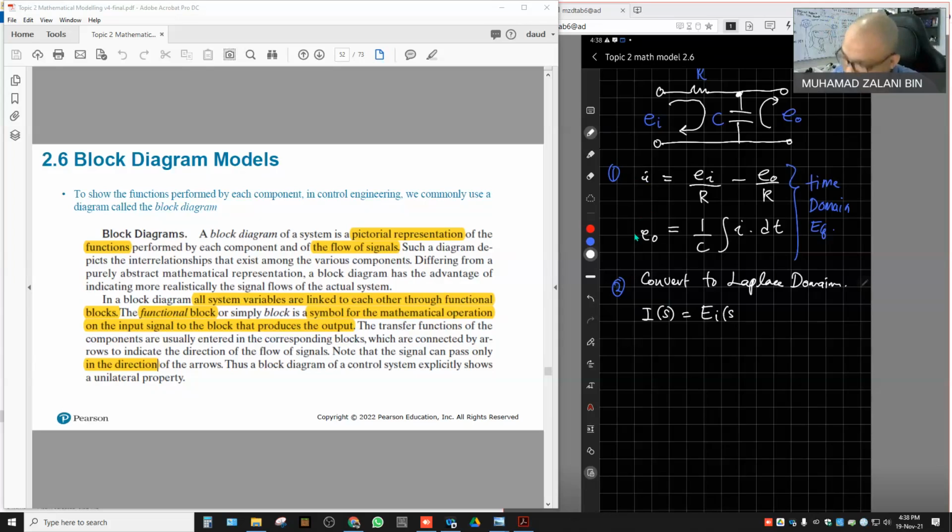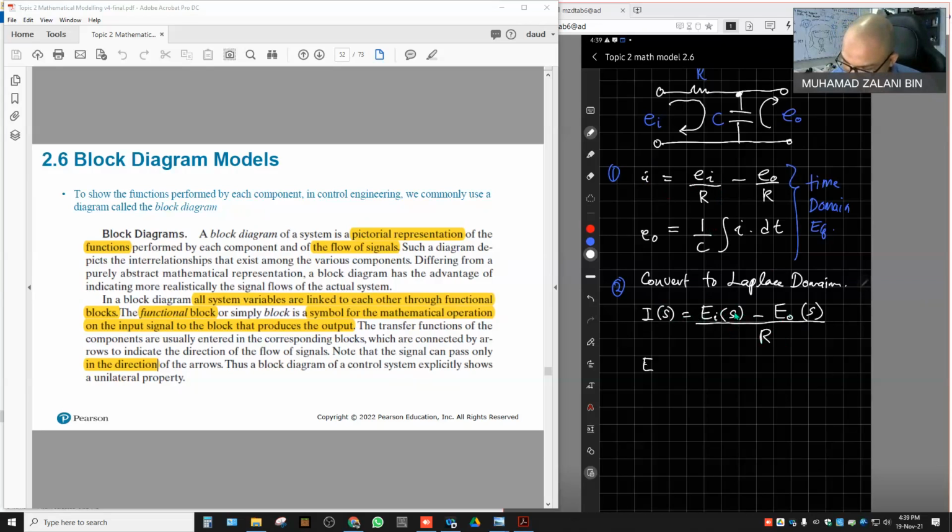So from the first equation, in the Laplace domain, I of S equals EI of S minus E naught of S, over R. Similarly, we can do it for the voltage at the output.